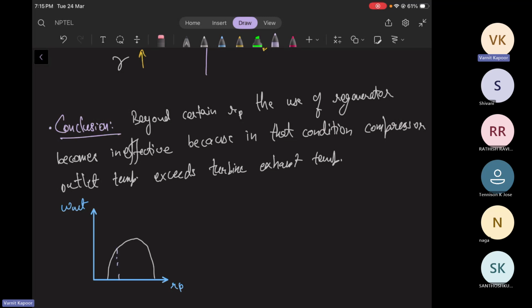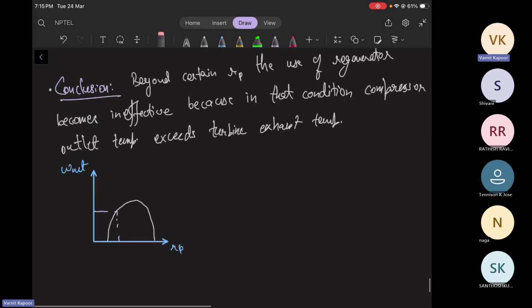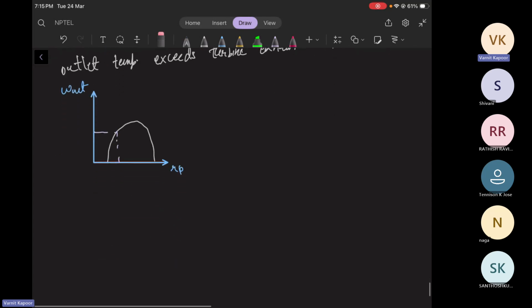Where RP optimum was here and maximum was here. So at this point, there can be two possibilities, either here or here as well, for getting the work maximum. This is work maximum.